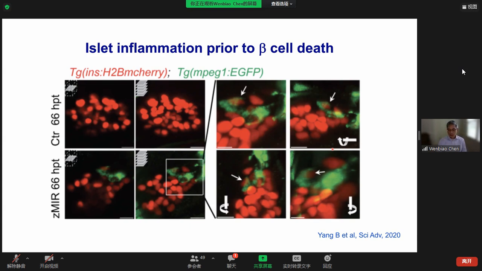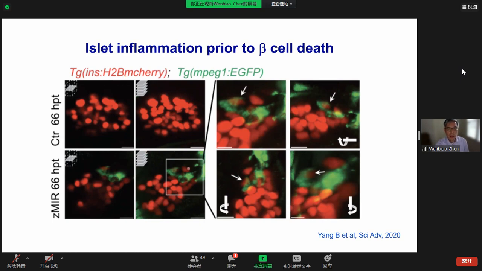And so she generated transgenic fish that express markers for both the macrophages, using the MPEG-1 promoter, and the beta cells, and did live imaging.